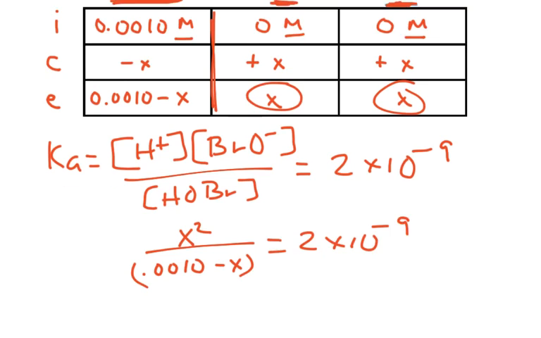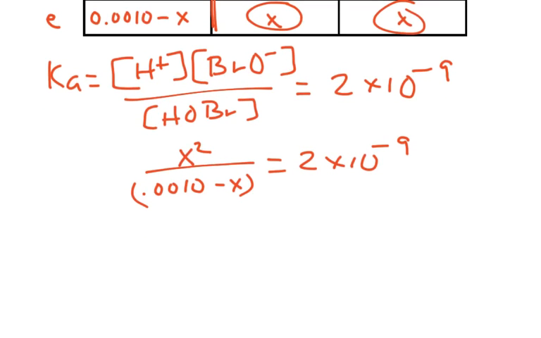Now at this point, you might see that this is going to turn into a quadratic formula, but we do have our simplifying assumption. And we are going to assume, this is a really good assumption, that X is much smaller than 0.0010. And we know that because this is a very, very tiny number. And we can go back and check this in a minute.